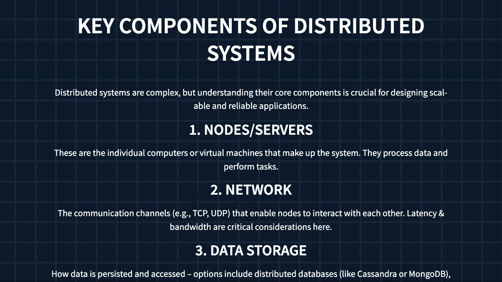That's where distributed storage systems come in, like databases designed for scalability. Then there's often a message queue, a way for services to talk to each other without being directly tied together, which helps with resilience. Load balancers are vital for spreading the load across your servers, and something like Zookeeper or Consul can help manage all of that complexity.